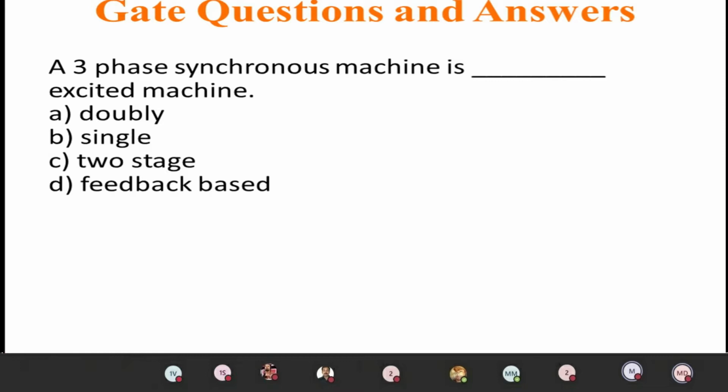They expect students to understand the concept. So we must prepare the GATE questions with concept, and the way of approaching and attending the GATE questions.